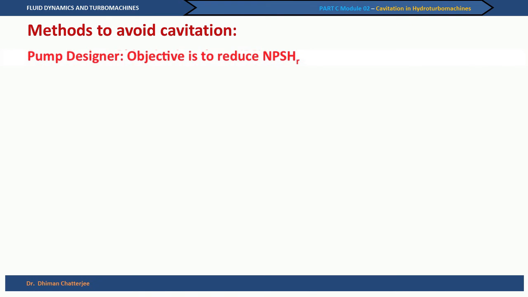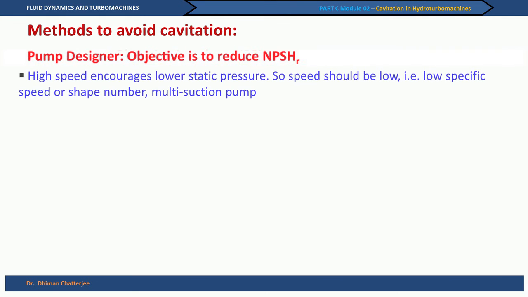So, methods to avoid cavitation, because as engineers we would like to avoid cavitation, as I told you, particularly as engineers working in the field of turbo machines. We can do it as a pump designer, and we can do it as a pump user. First, let us look at the pump designer. When I am a pump designer, my objective is to reduce NPSH(R), and high speed encourages lower static pressure.